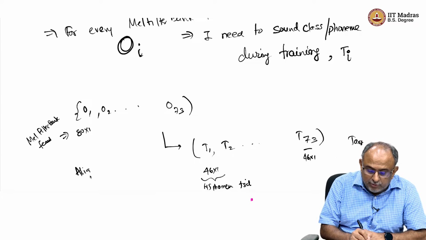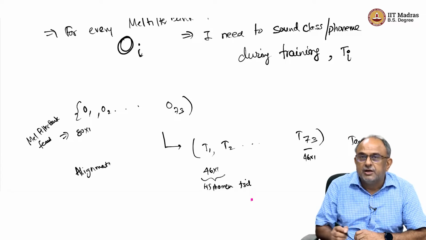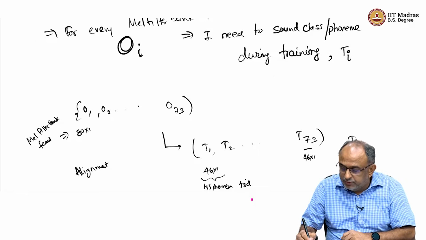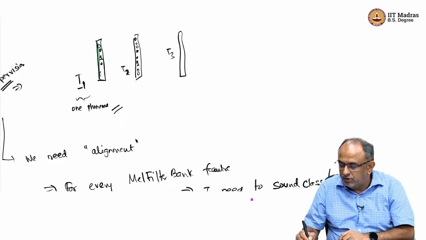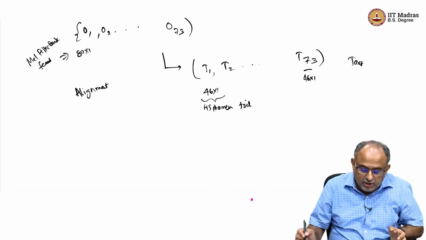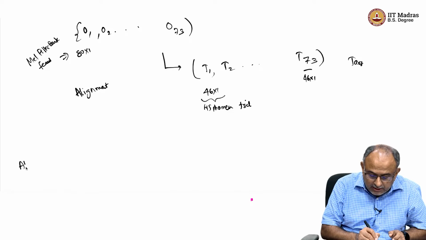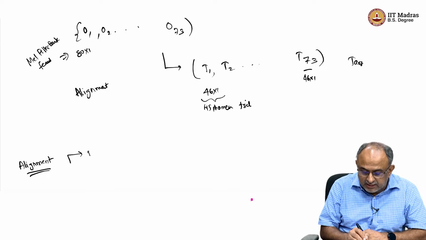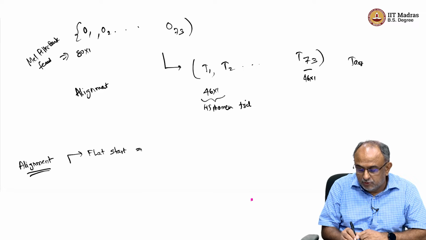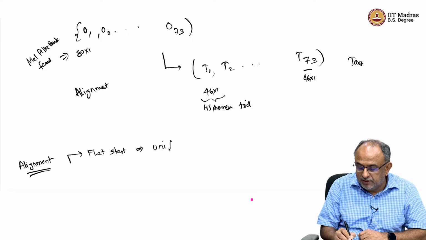Okay. Now, how do I get alignment in practice? It is not easy for a human to listen to it and say this is E and all. So, how do we get alignment? There are two ways to do it. One is called flat start, uniformly segment the data.